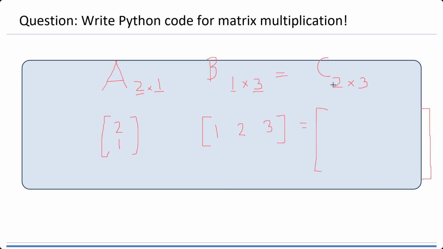For matrix C, every element will be updated from the multiplication of the matrices. So 2 multiplied by 1 plus 1 multiplied by 1 will be the element of index 0, 0.